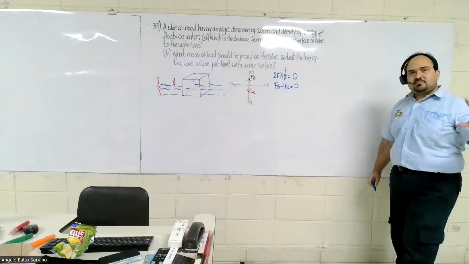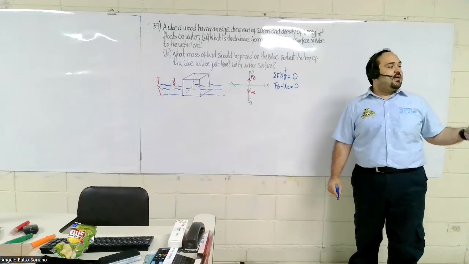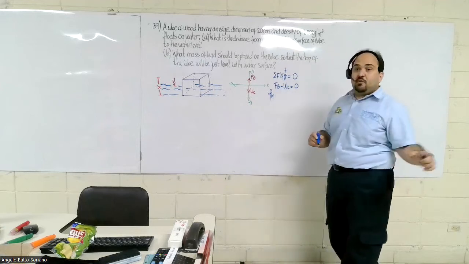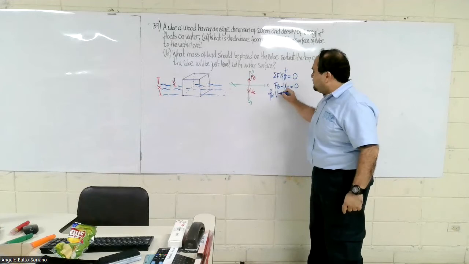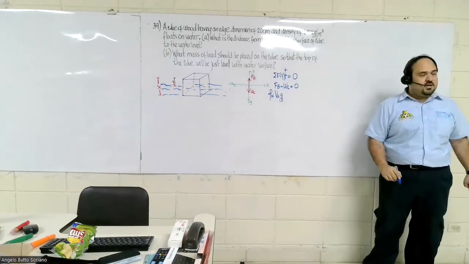Okay. Now, what is the formula for the buoyancy force? Remember the liquid density. In this case, the liquid density will be water, right? The submerged volume multiplied by the gravity, right?